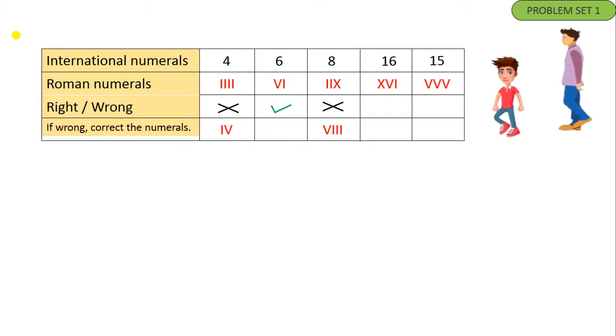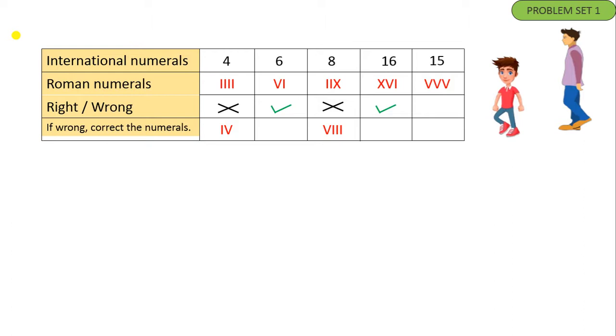Yes, teacher. Teacher, I will try for the next 2 answers. Go ahead, Rahul. Thank you, teacher. Next number is 16, and for it the Roman numeral is XVI, and it is correct.